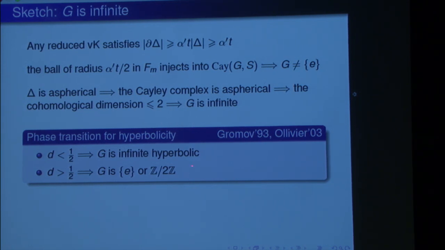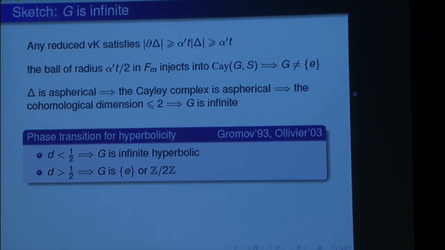So remember, we already proved this part. Now I gave a sketch of the proof of this part, hyperbolicity, and now why it is actually non-trivial, because probably it's a trivial group, and then of course it is hyperbolic, right?